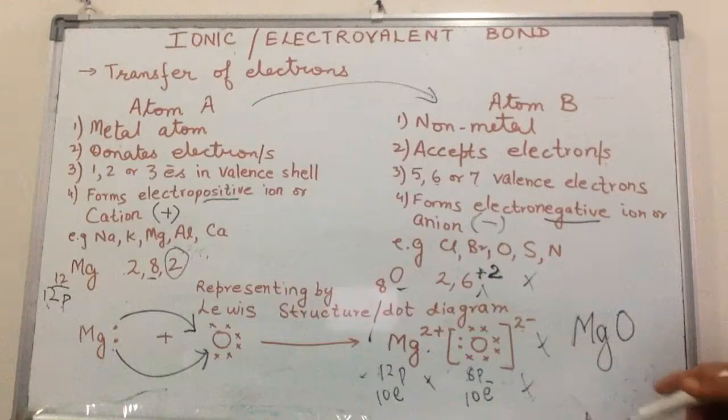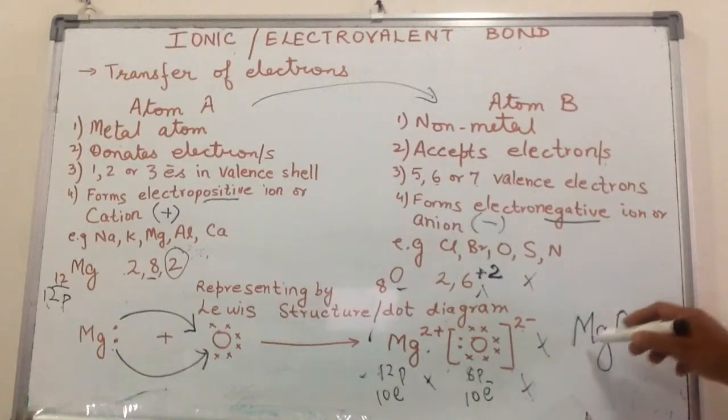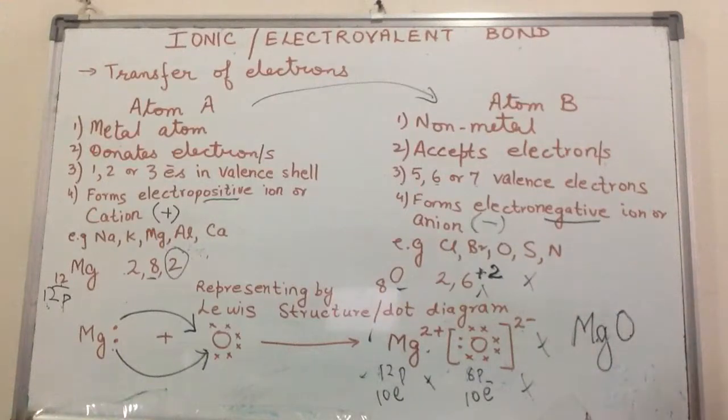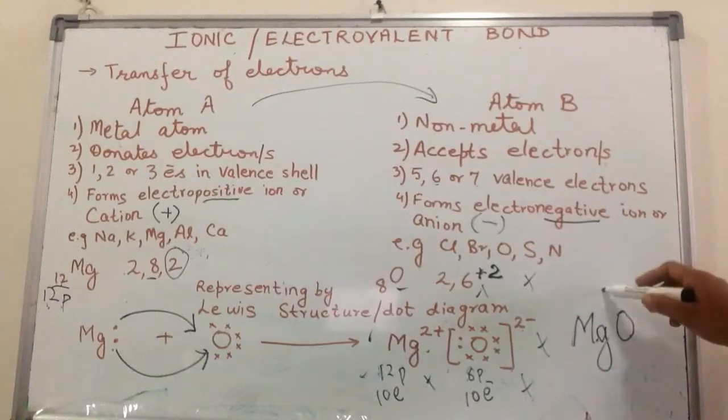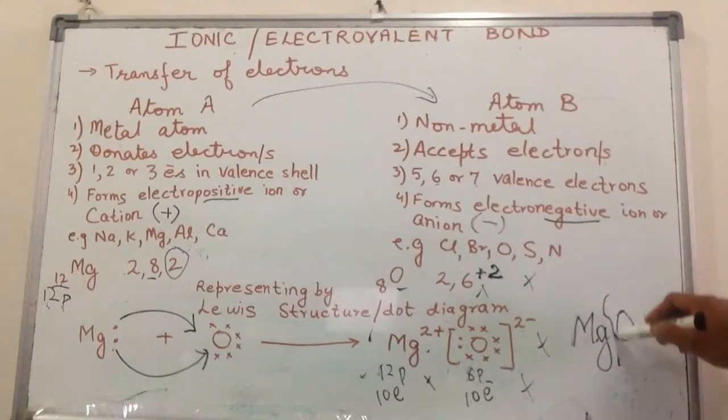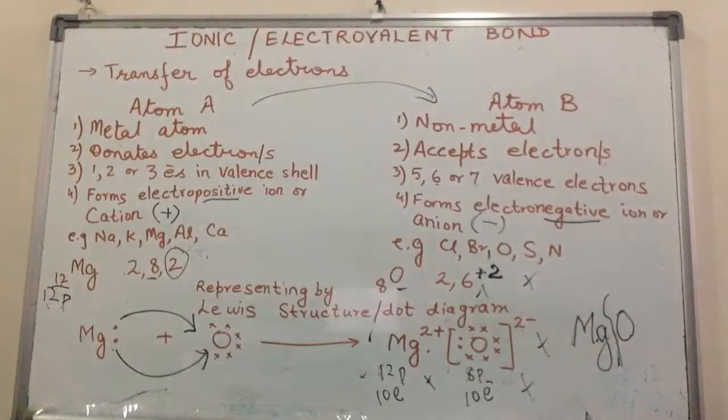On the other hand, if we melt them, melt means the forces of attraction between them are weakened, or we dissolve it in water. In the same way, the ions will get separated, and that is when they will start conducting electricity. Hence, they are very good electrolytes, that means substances which will conduct electricity in molten state or aqueous solution form.